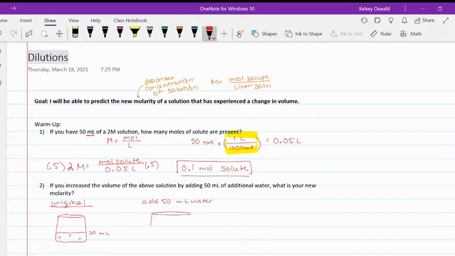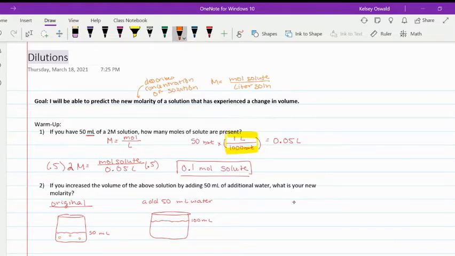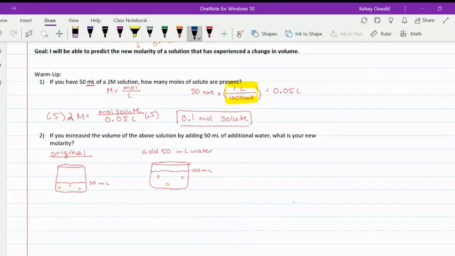So if we started out with originally 50 milliliters, after we add 50 milliliters more, our new volume is going to be 100 milliliters total. In adding that water, our amount of particles didn't change. So we're still going to have our 0.1 moles of solute. That's going to be a key idea here.